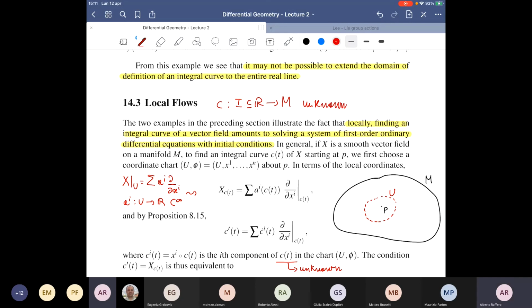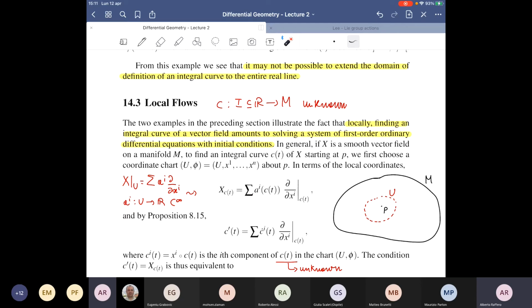And we first require that the vector field evaluated at C of t be equal to the derivative of this curve. The vector field evaluated at C of t is nothing other than taking these functions a_i and evaluating them at C of t.